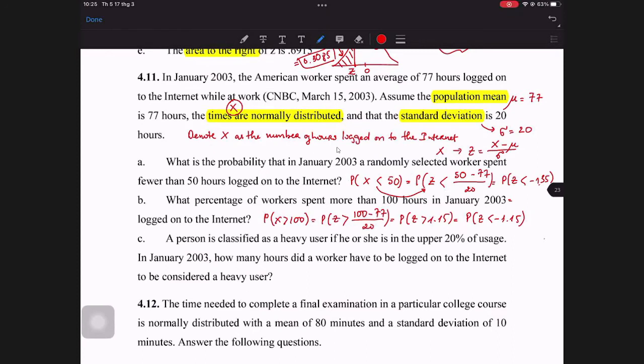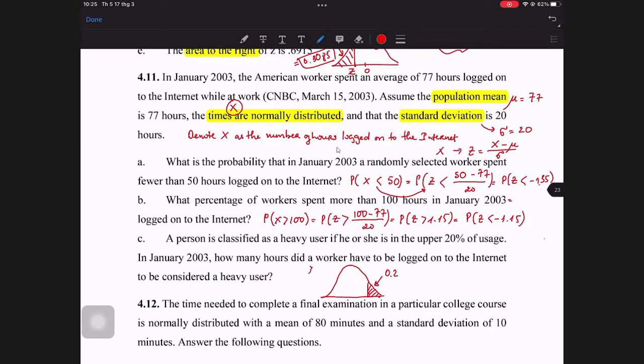A person is classified as a heavy user if he or she is in the upper 20% of usage. So what does upper 20% of usage mean here? Remember that our distribution here is normal. The upper 20% means that the area to the right here is 0.2, or 20%.